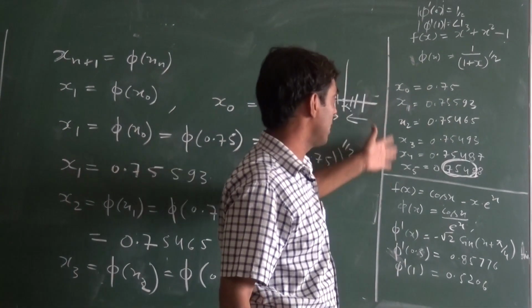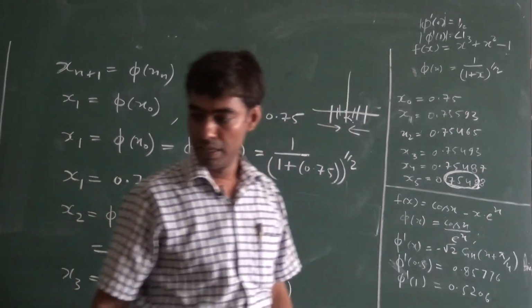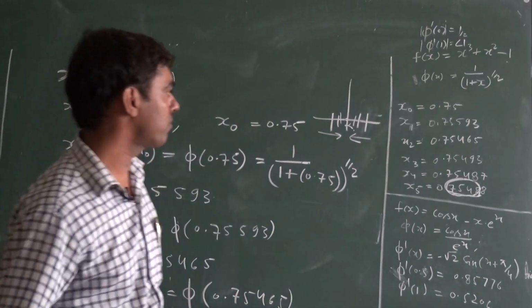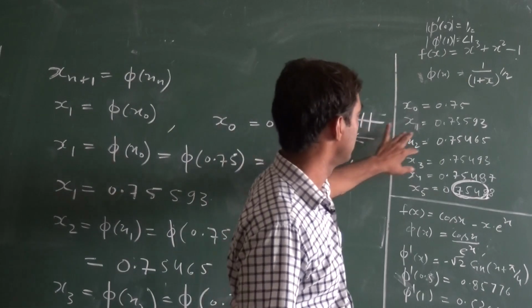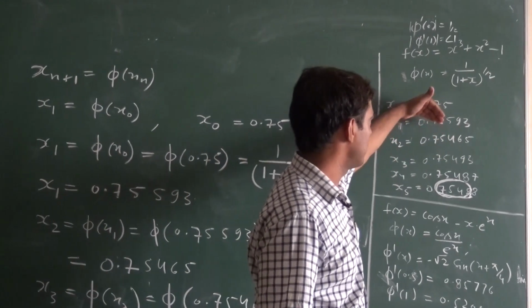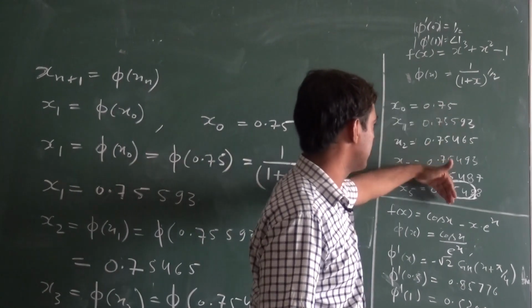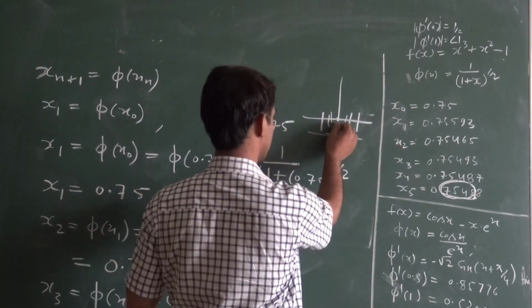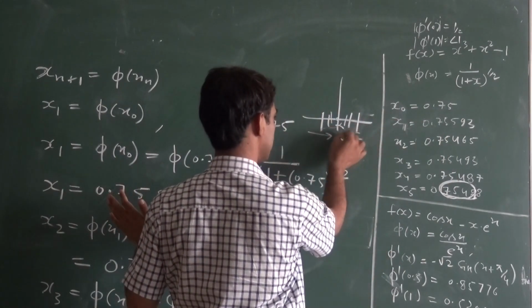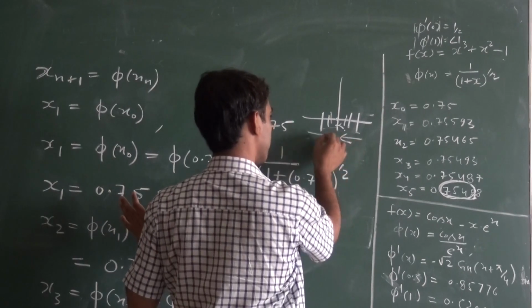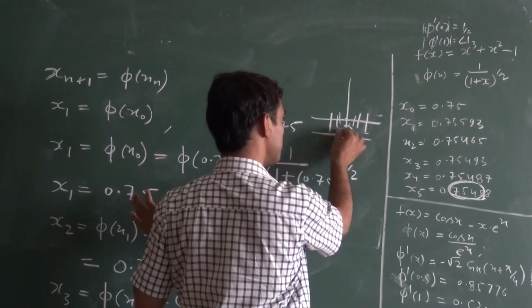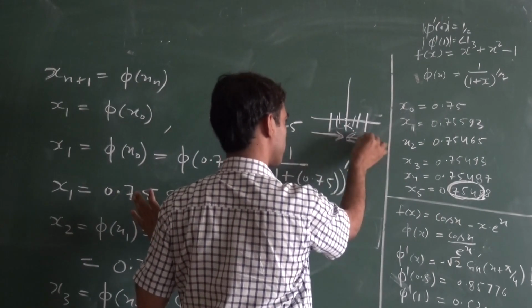We observe this from the numerical result: first it decreases, then increases, then decreases, then increases, which means it goes to the left-hand side, then right-hand side, then left, then right. From the left also we move to our actual root, and from the right also.